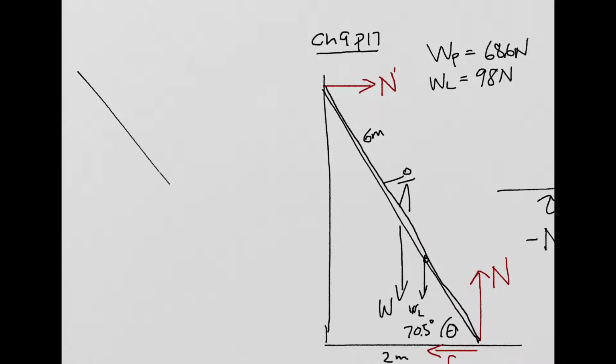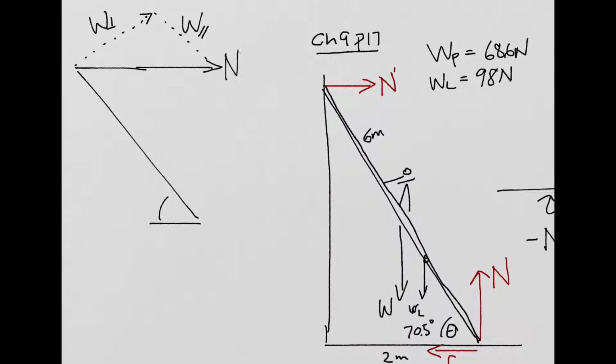If I have a ladder like this and a force like that, we want to find the perpendicular component of that force, which is a component that's perpendicular, and there's also a component that's parallel. I'm sorry, these should be N primes.